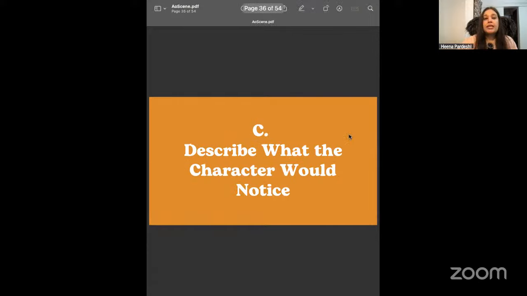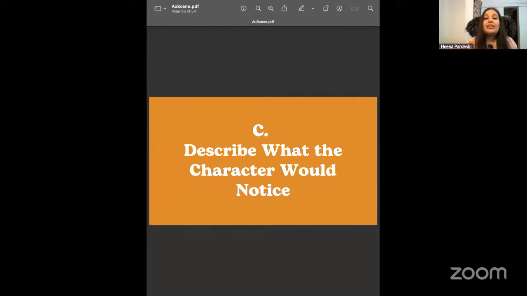Now, by describing what the character would notice, here's the golden rule. Characters don't notice everything. They notice what matters to their emotional state. Now, this is very important. A scared character notices shadows, cracks, and sudden sounds.